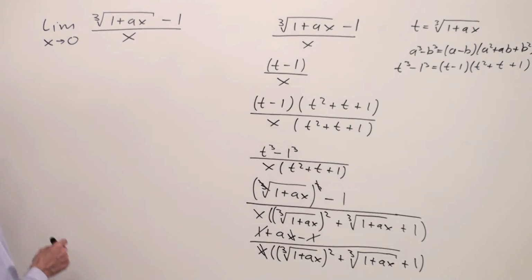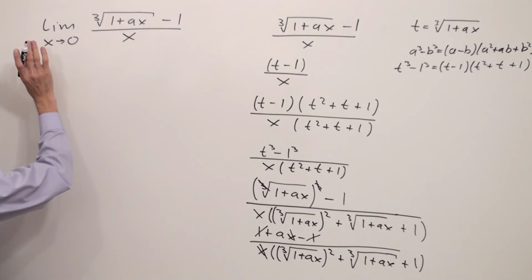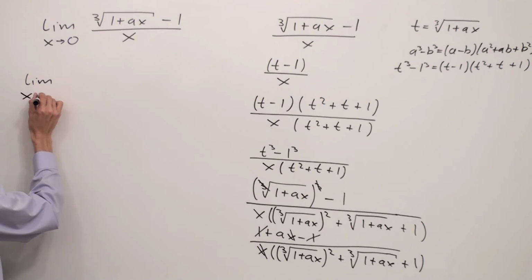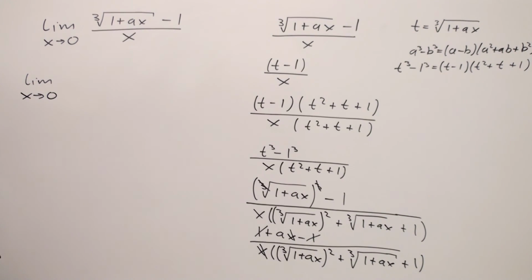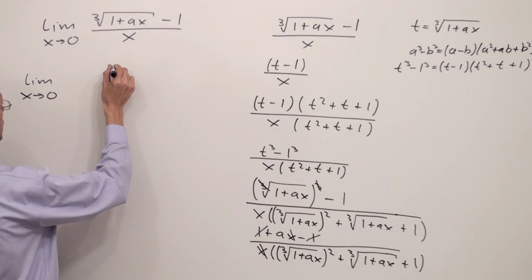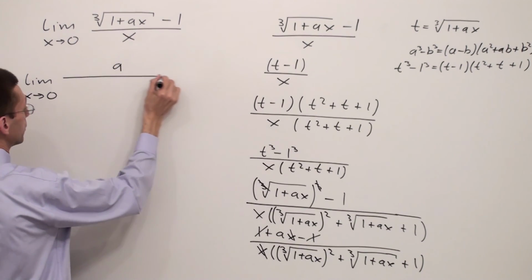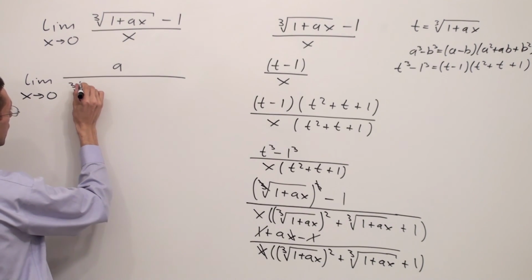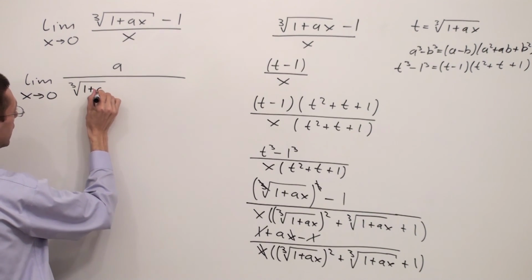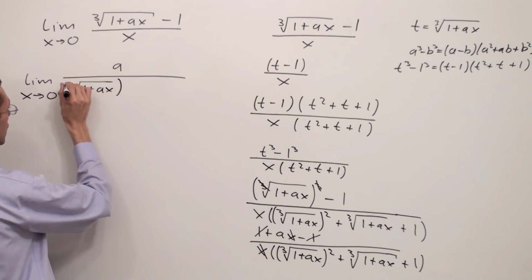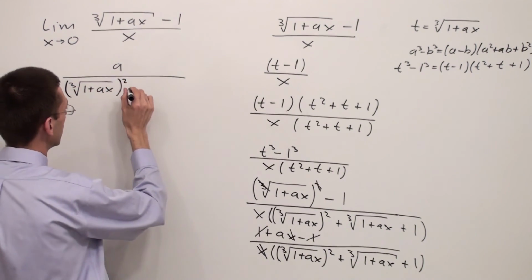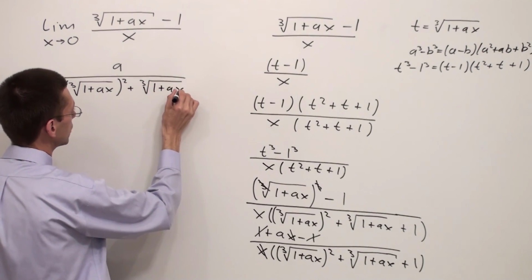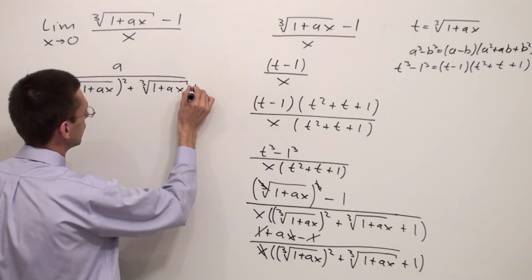Now I can rewrite this example as a limit with x approaching 0, and I have in the numerator this time a over cube root of 1 plus ax to the second power plus cube root of 1 plus ax plus 1.